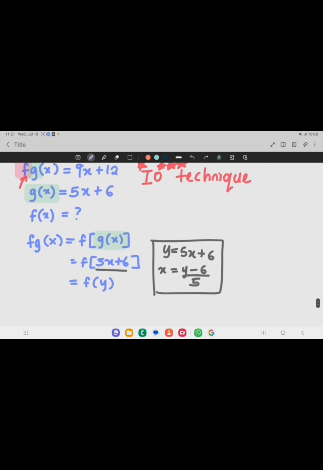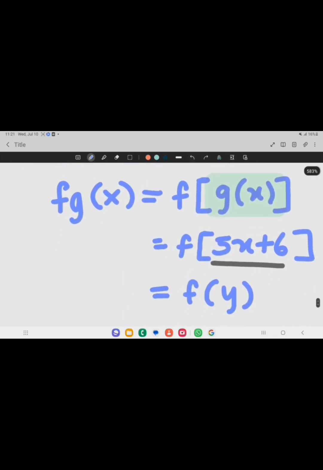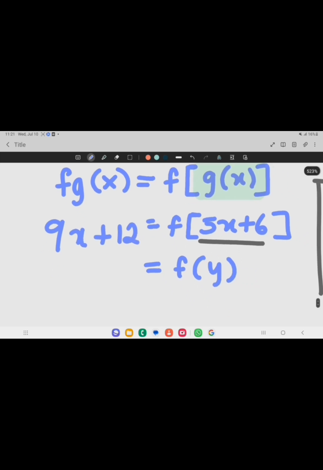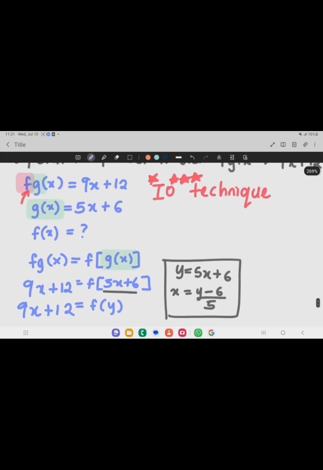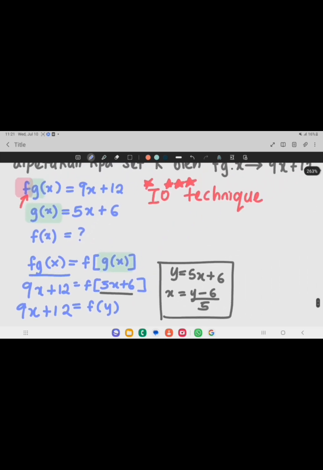You can substitute it with its equation, which is 9x plus 12. Why can you substitute this with 9x plus 12? Because it's given in the question.